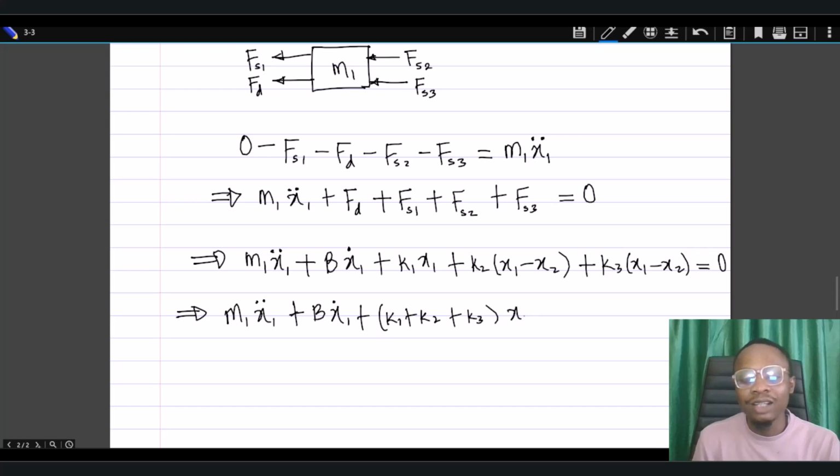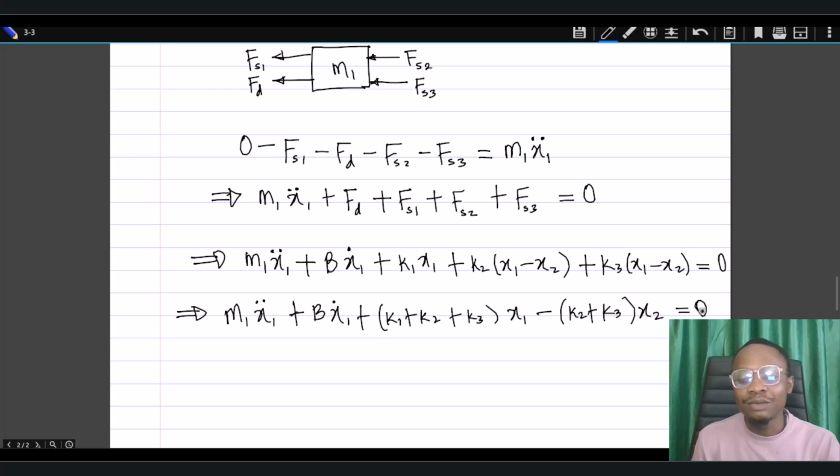That's what we have here: k1 x1, k2 x1, k3 x1. Then the others are negative. So this is minus k2 x2 minus k3 x2. So we can say then that we have negative k2 plus k3 multiplying x2, and all of this is equal to 0.